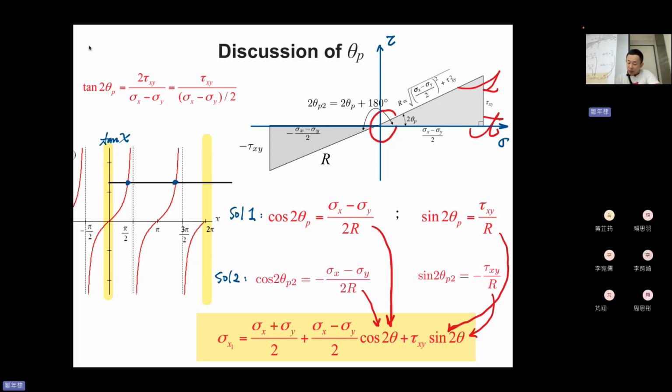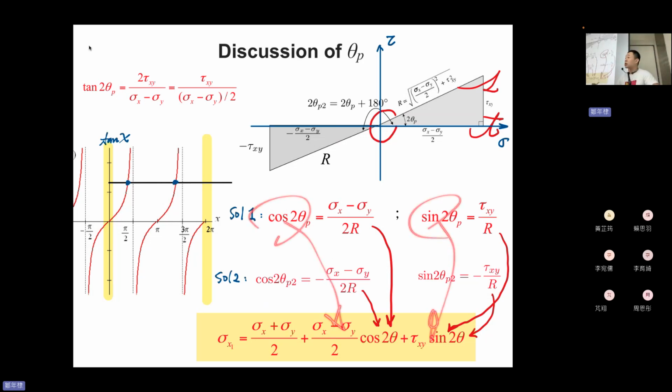If we have the tangent of 2 theta_p, we can use geometry conditions to obtain cosine 2 theta_p and sine 2 theta_p.